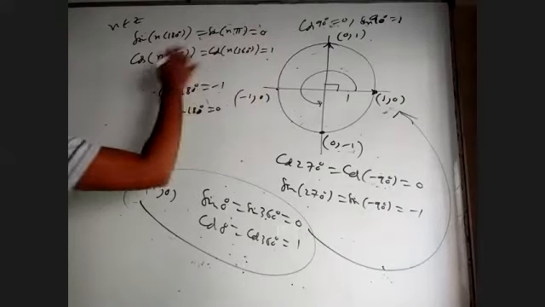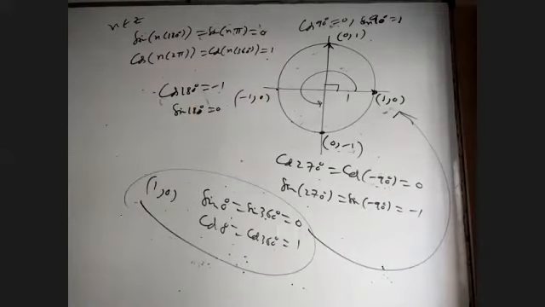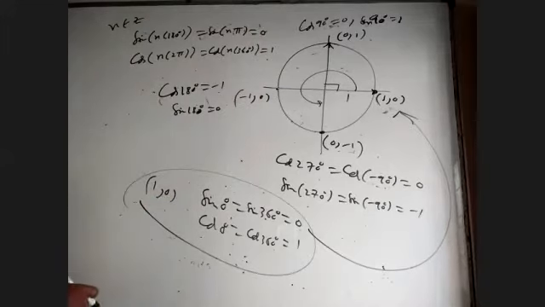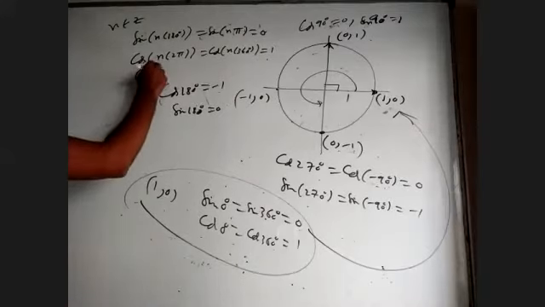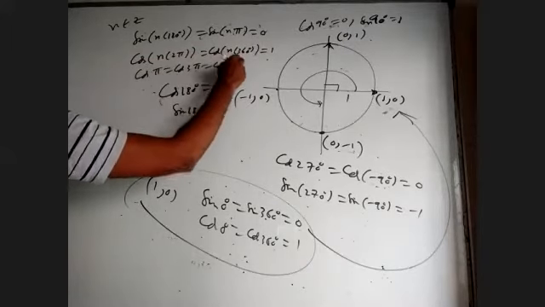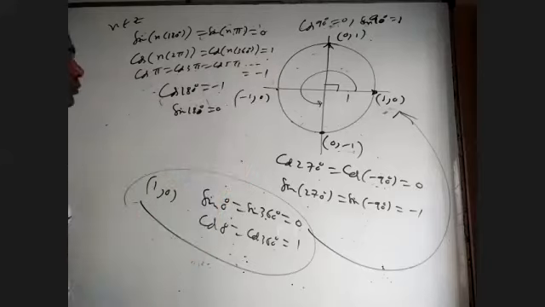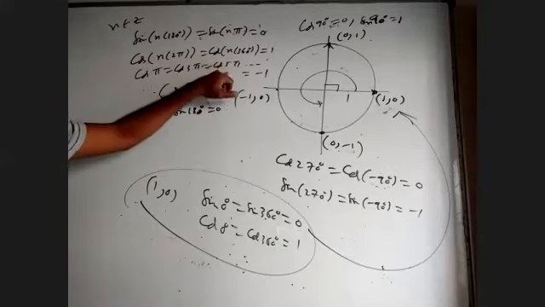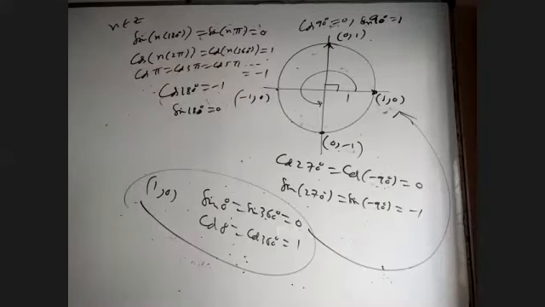Any multiple of 360 degrees is 1. And when you take an odd multiple of 180, that will be cos pi, cos 3 pi, cos 5 pi, so it will be minus 1. Cos 180, 540, 900 degrees will be minus 1.